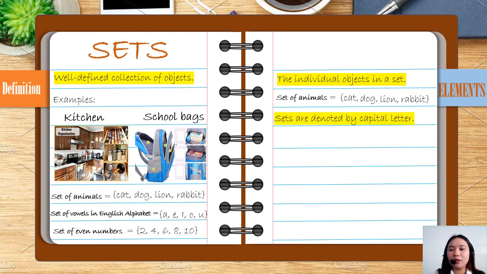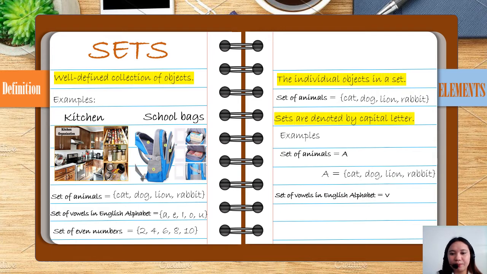Sets are denoted by capital letters. As you can see, we have the set of animals, wherein the set of animals is also equal to A. So you can read it as set A, or the set of animals is equal to cat, dog, lion, and rabbit.